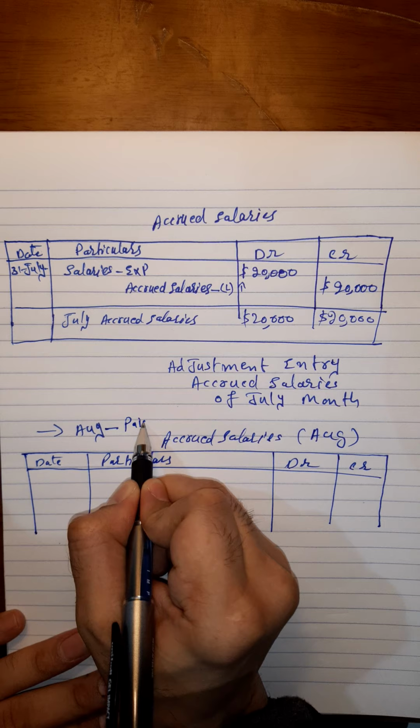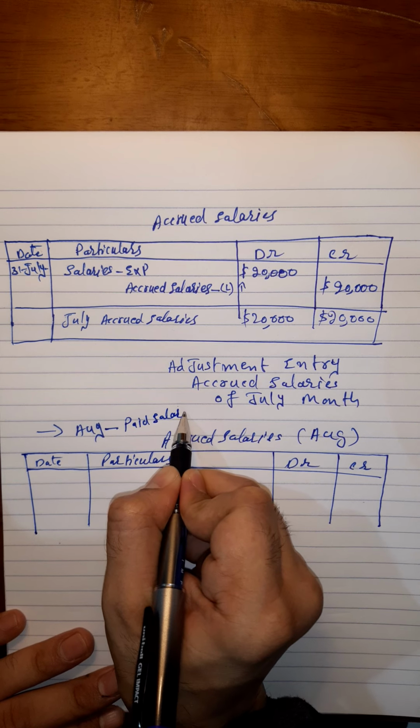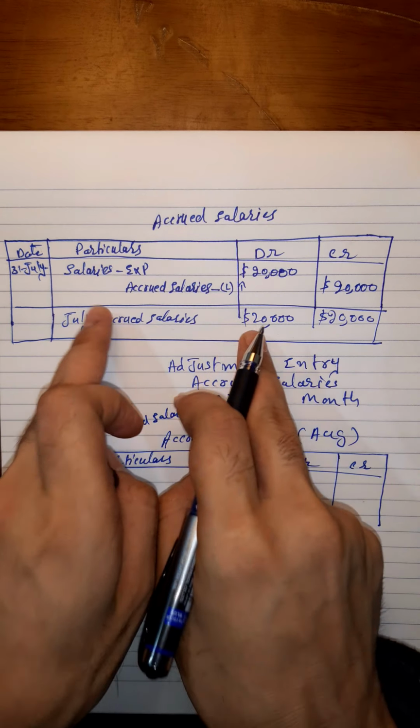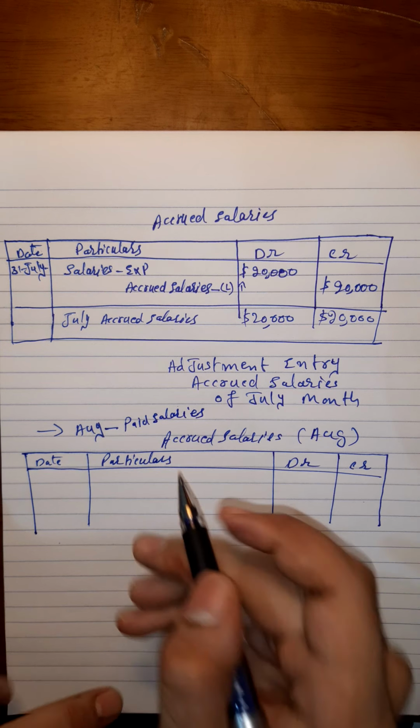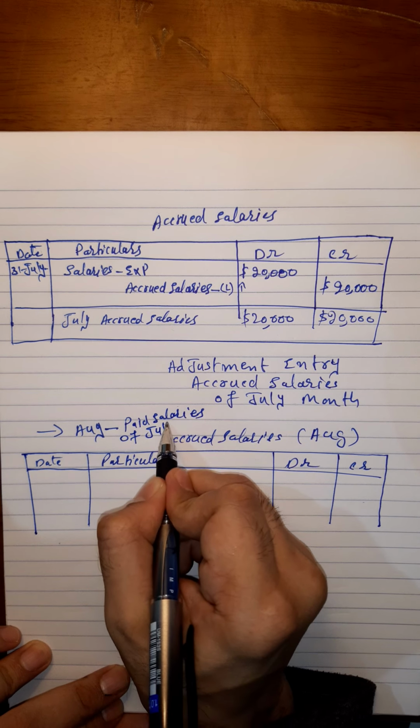What will we do in the month of August? We paid salary. Here I write, in the month of August we paid salaries, but these salaries are of July. Paid salaries of July.